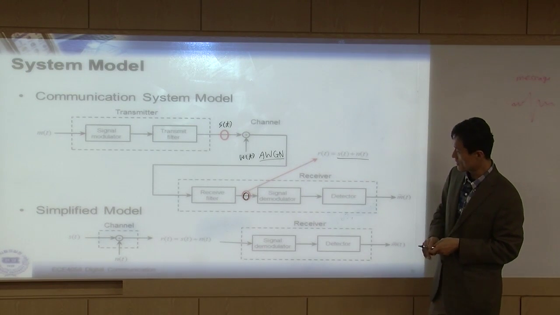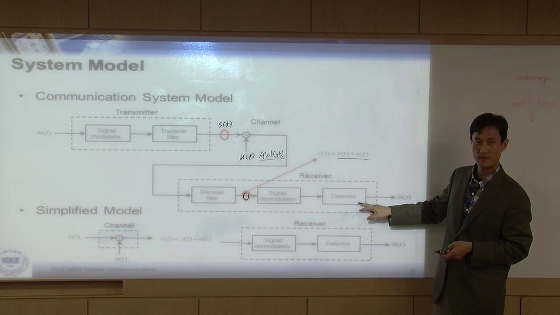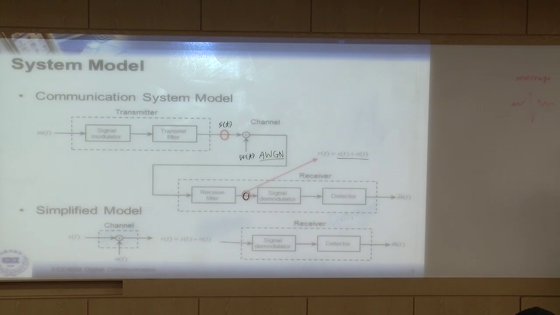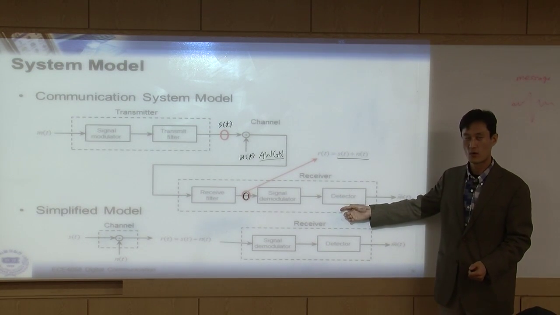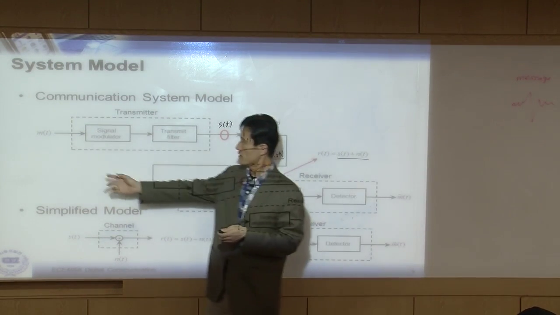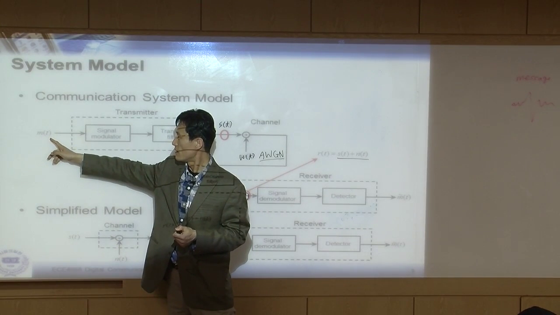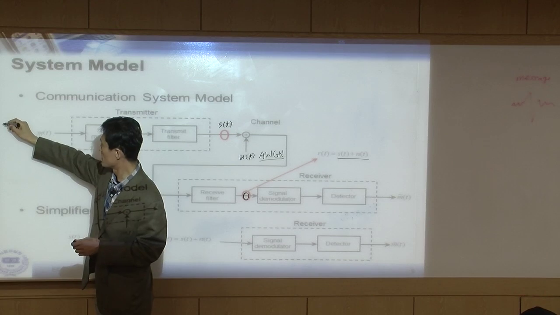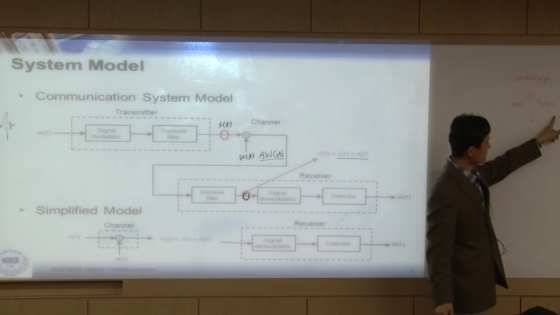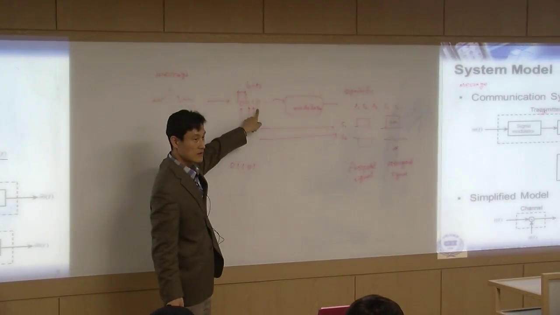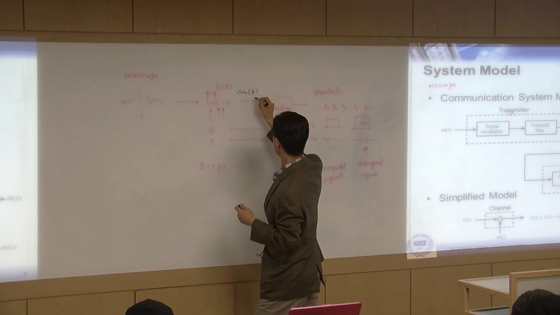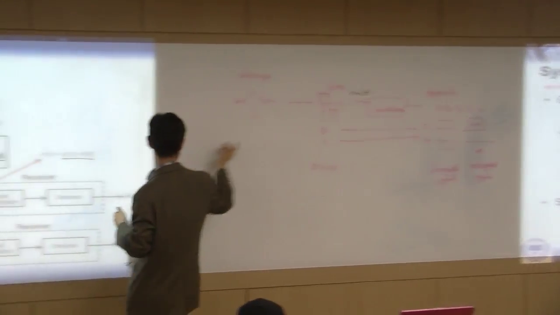Once you do the demodulator, the next thing to do is a detector. What is a detector? Detector is going to make a decision. What decision do you make? Let's say here, MT. Let's say your original message is analog. Then, as we said here, your original message eventually changes to bits. That is MT in this picture. You can think about it that way. This one can be MT, that one MT, doesn't matter.